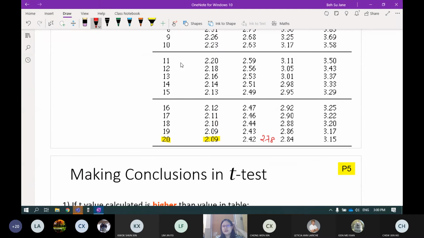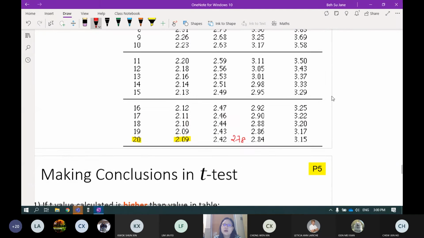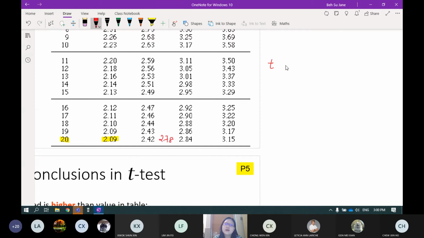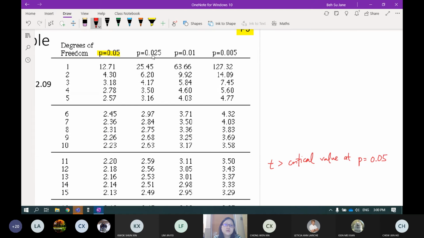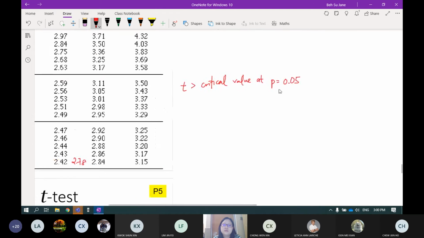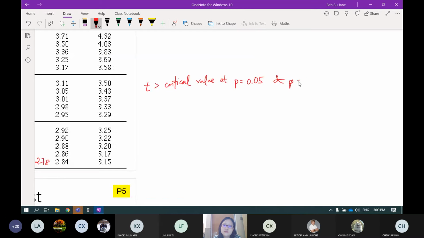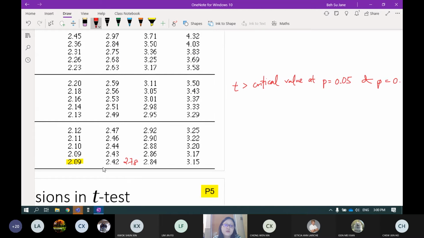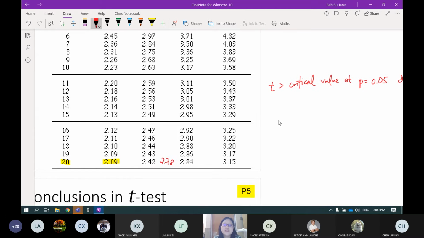So what have we found so far? We have found that our t value is bigger than the critical value at the p equals 0.05 level. But it's also bigger than the critical value at p equals 0.025. So it's bigger than both of them. So what level is it significant at?